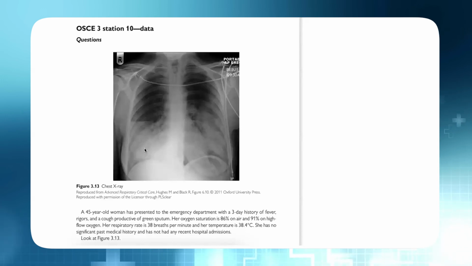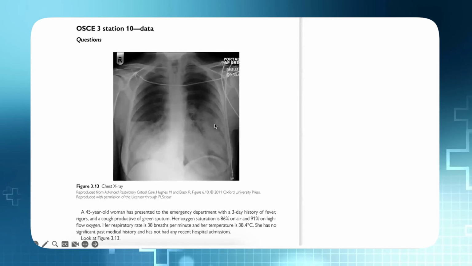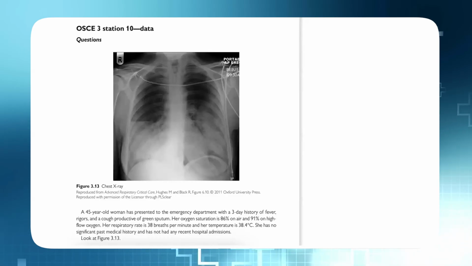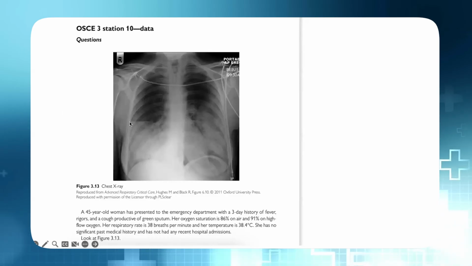So there is an air fluid level in the right side of the chest, hydropneumothorax, and on the left side there is infiltration. Yes, bilateral pulmonary infiltrates, and an air fluid level in the right hemithorax with intact cardiophrenic and costophrenic angles. Yes.